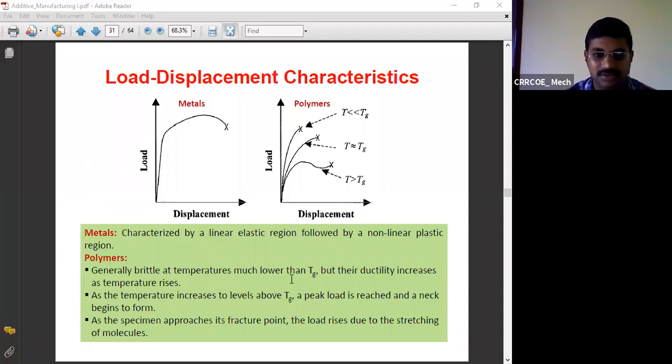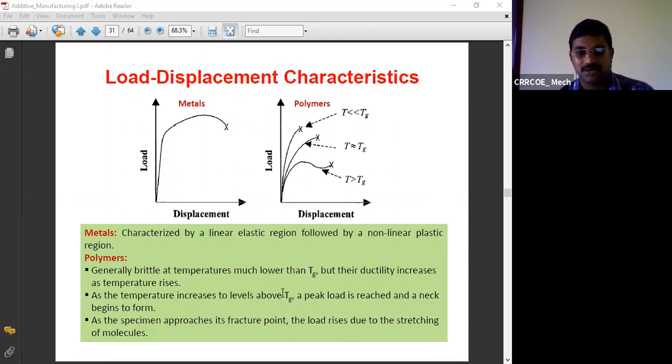If it is lower, then it is brittle, but the ductility increases as the temperature increases. As the temperature increases above Tg, the peak load will be reached and the material begins to deform. So again, it is going to be deformed after Tg.